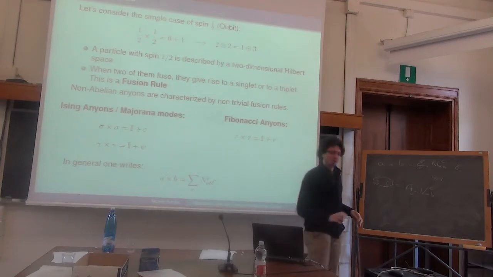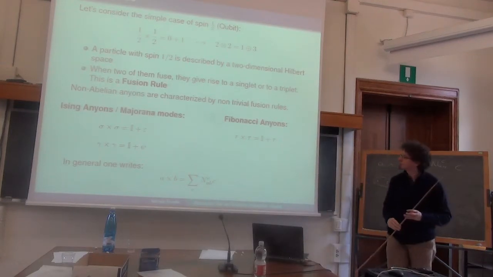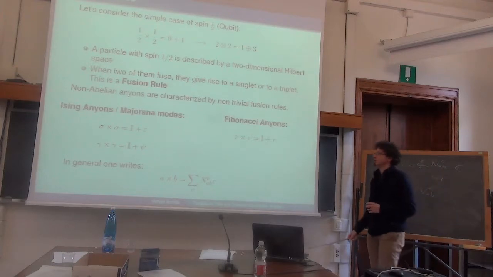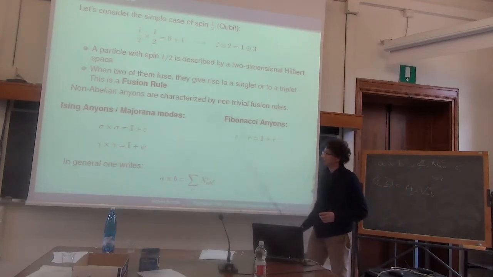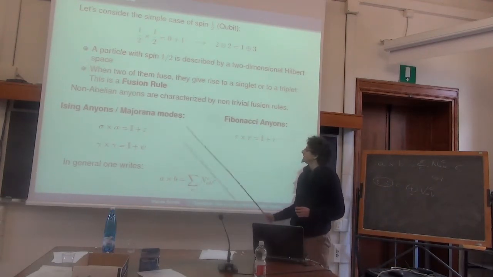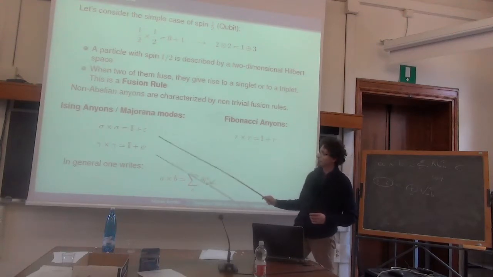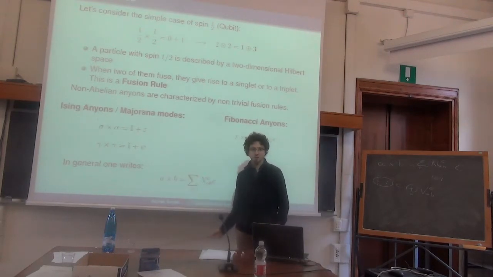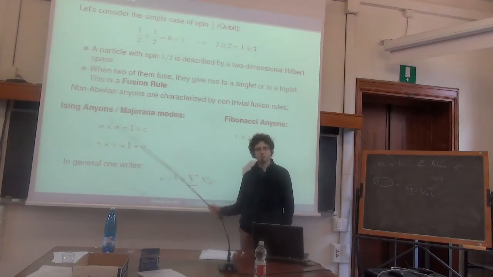In particular, in this lecture and also in the following, we will deal with two kinds of non-abelian anyons. The first family is the one which is called the Ising anyons. I don't know if Giuseppe already spoke about the Ising minimal model.